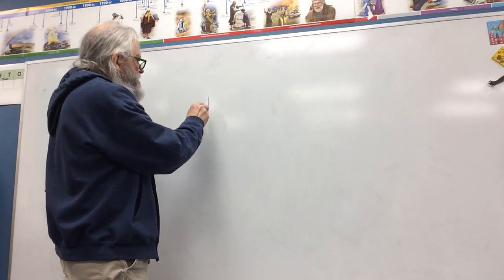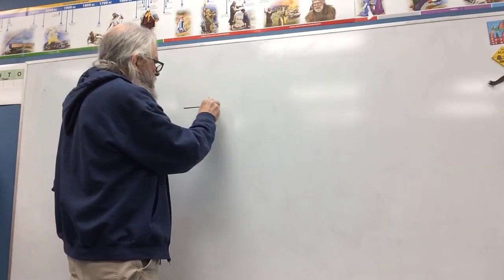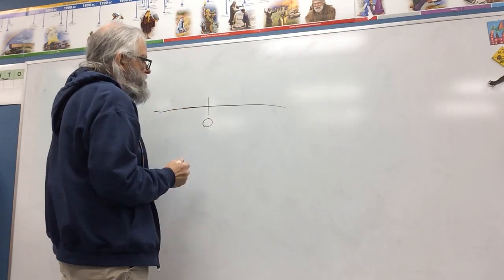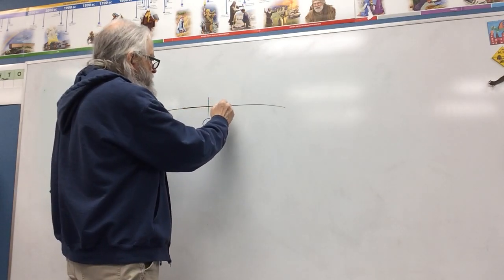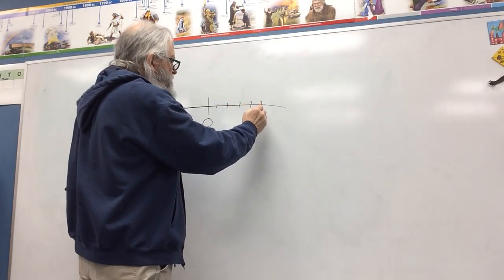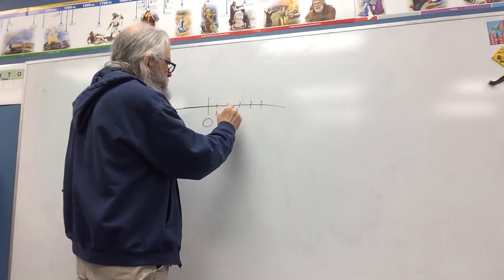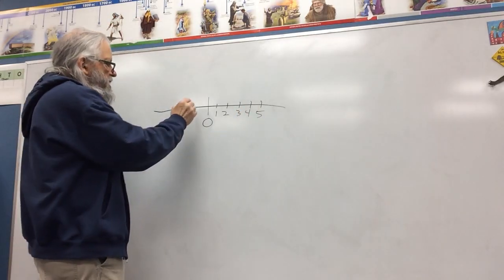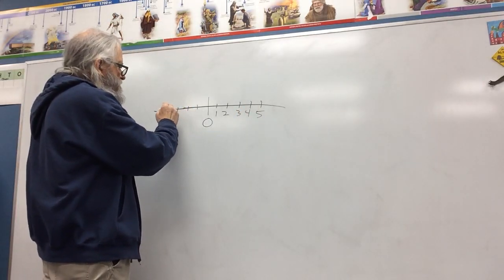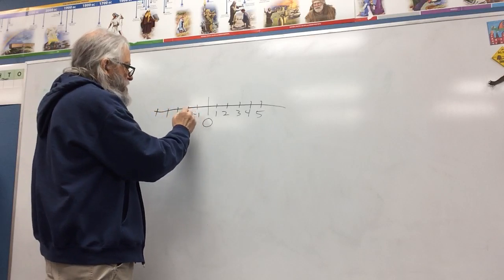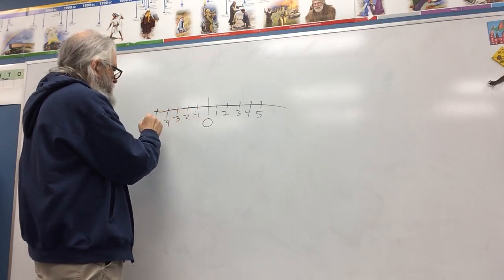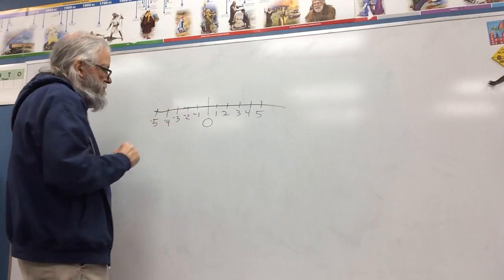is, again, if we take our number line, we have 0 in the middle. So we have 1, 2, 3, 4, 5, and so on. On the other side, -1, -2, -3, -4, and -5.